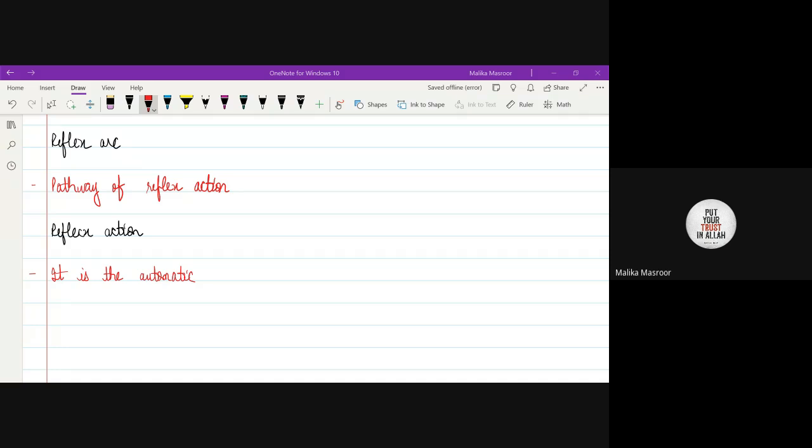Ouch. Is this clear? So these are reflex actions. You don't consciously think about it, but these happen because your body responds automatically. Is this clear? Clear. Yeah. Automatic response of body to stimuli.